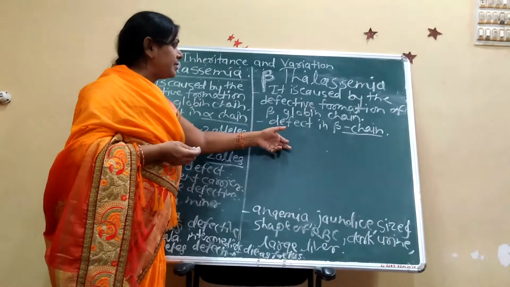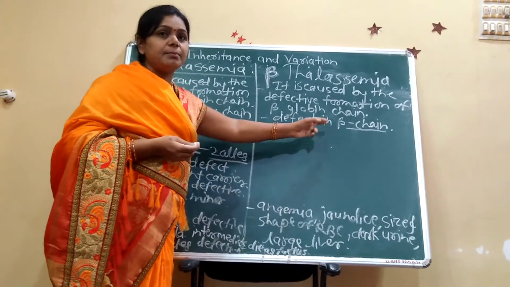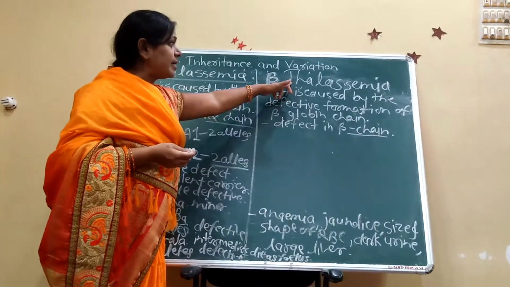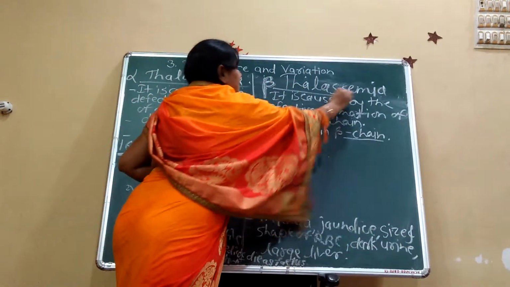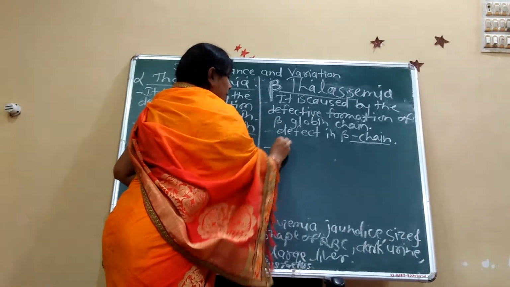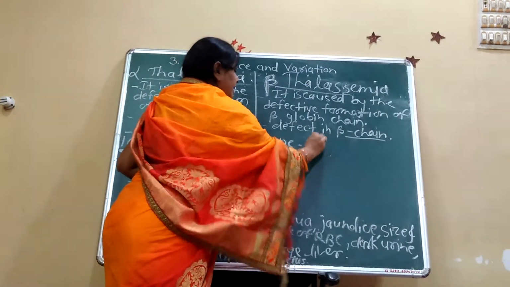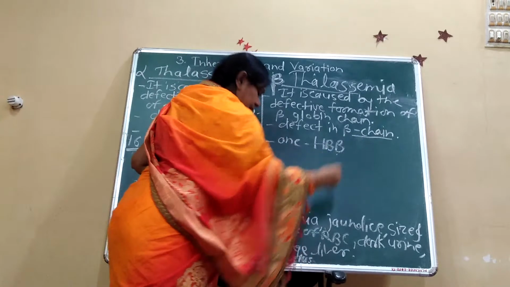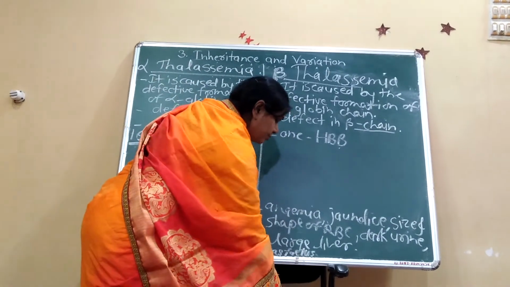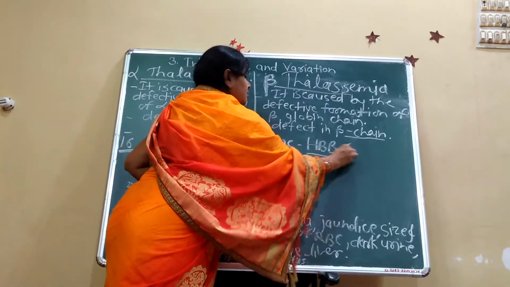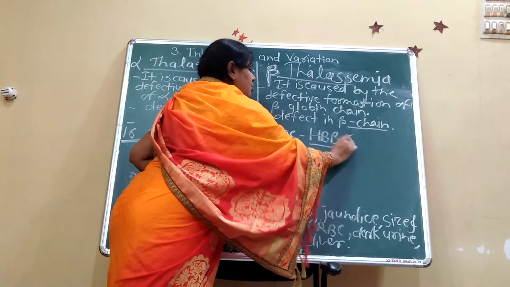Then beta thalassemia, it is the defect in the beta chain. Beta thalassemia is controlled by one gene, that is HBB. One gene means 2 alleles.